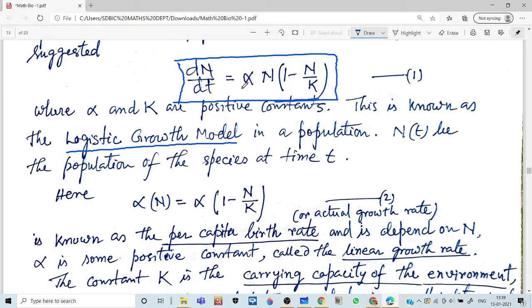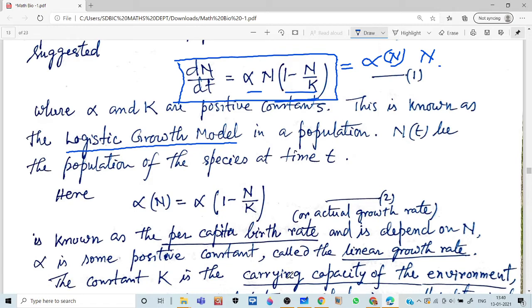Alpha is a function of N. So this can be written as dN/dt equals alpha(N) into N, where alpha(N) equals alpha into (1 minus N by K).